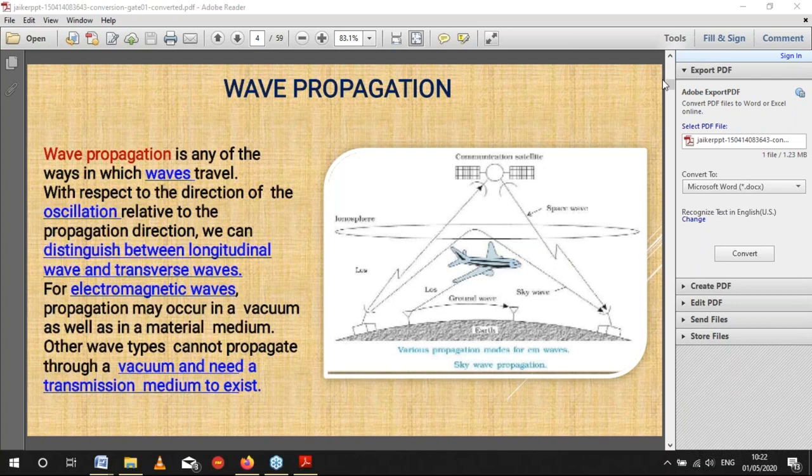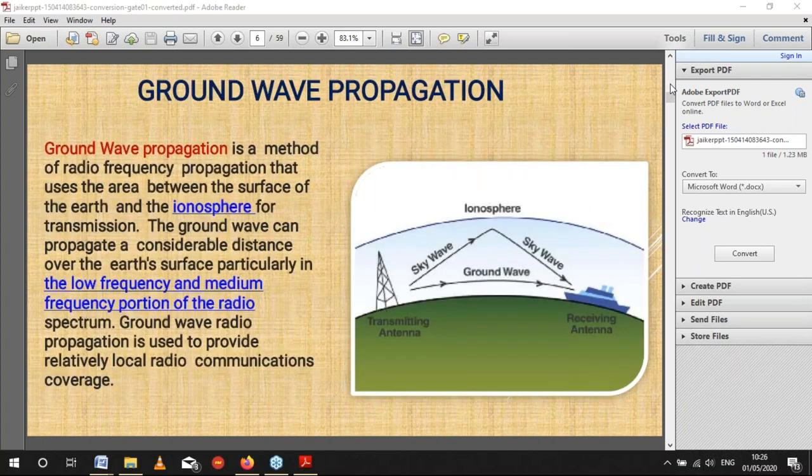Ground wave radio propagation is used to provide relatively local radio communication. In your house, you hear advertising transmitted from a small place called a radio station, and you receive it from different corners of the locality where you are, based on ground wave propagation.